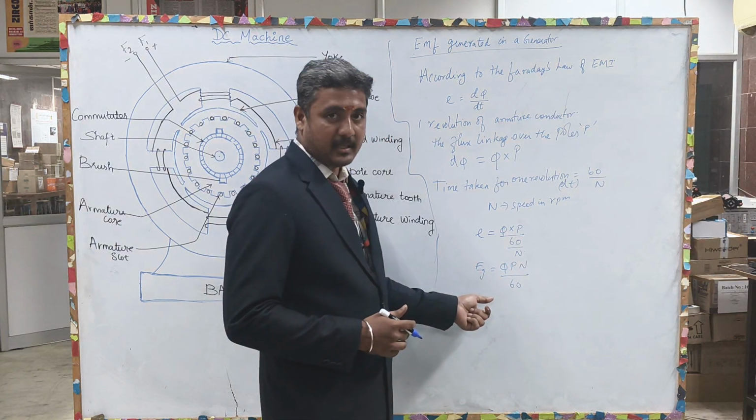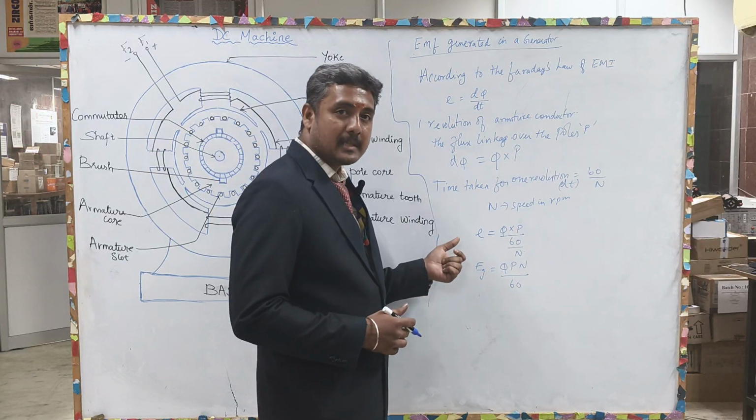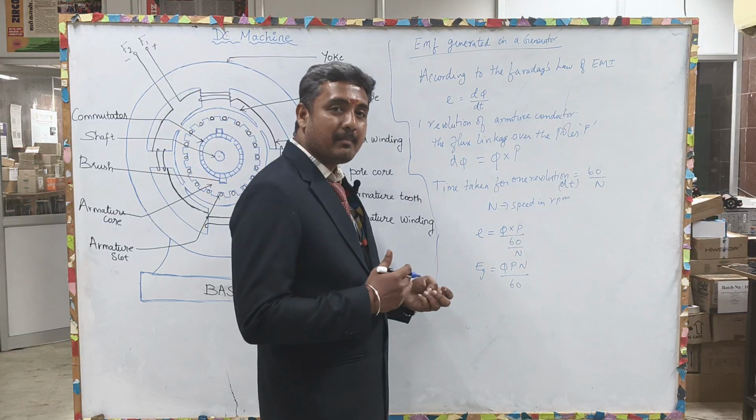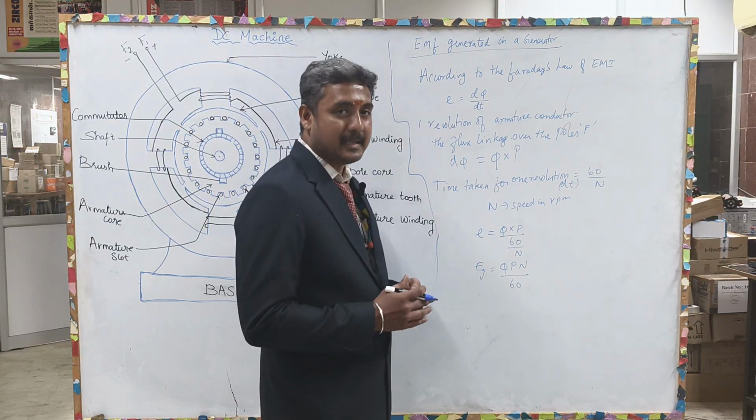Till now we have discussed the EMF generated in a generator, that is Eg equal to phi P N divided by 60. Actually, we have considered a single conductor. Now, you will have conductors connected in parallel and finally in series.